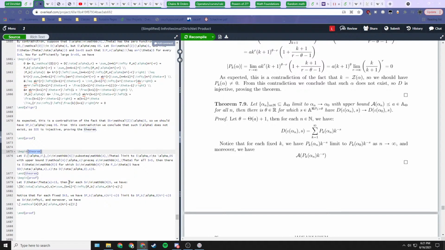Okay, let's do it this way. We'll do this as a lemma, because I think we're not going to use it more than once. So I have alpha and so on, then there is theta for which s, so instead of doing s in this right half domain, we'll do it in the right half complex plane.